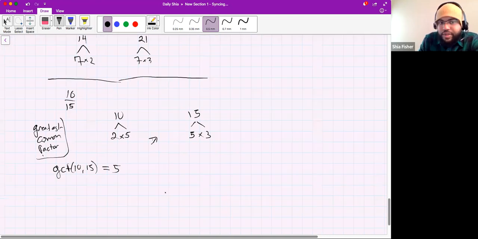So what does that mean? Because I still have this 10 divided by 15. What it means is that when we look at 10 divided by 15, in essence, we're looking at 2 times 5 divided by 3 times 5.